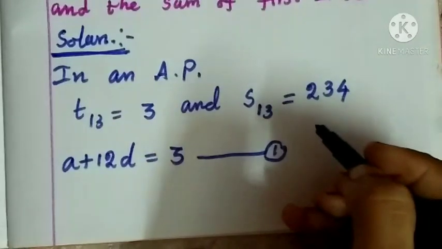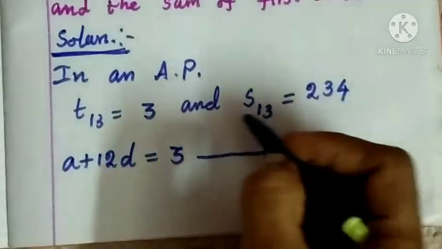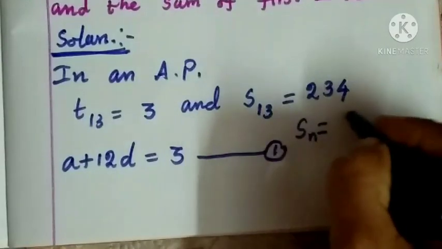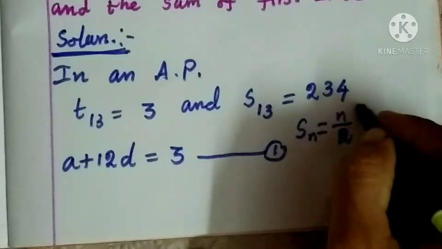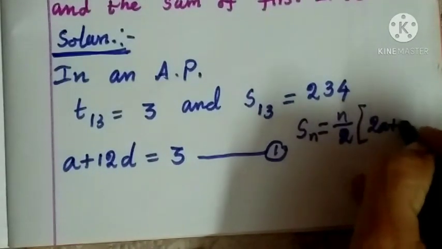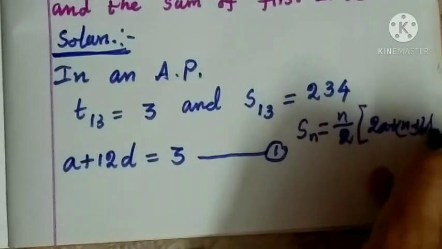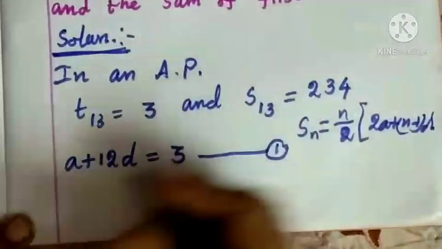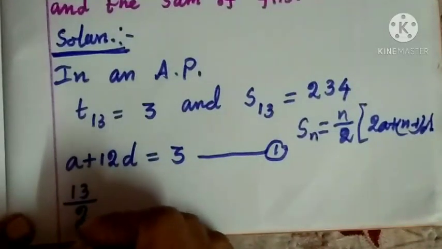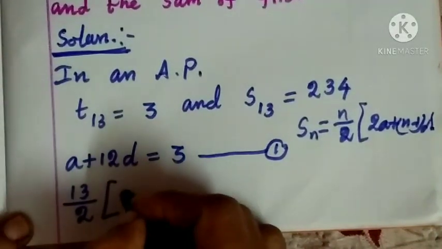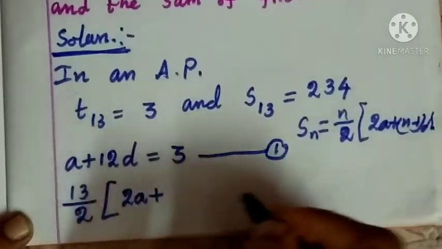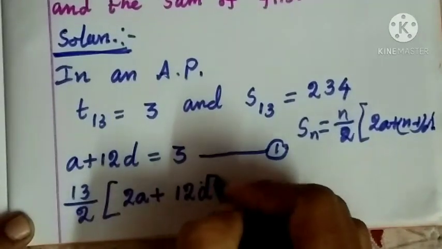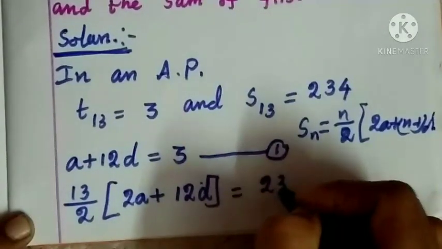Then next you have to write the formula for Sn, that is Sn is equal to n by 2 into 2a plus n minus 1 into d. Here n is 13, so 13 by 2 into 2a plus 13 minus 1, 12 into d is equal to 234.